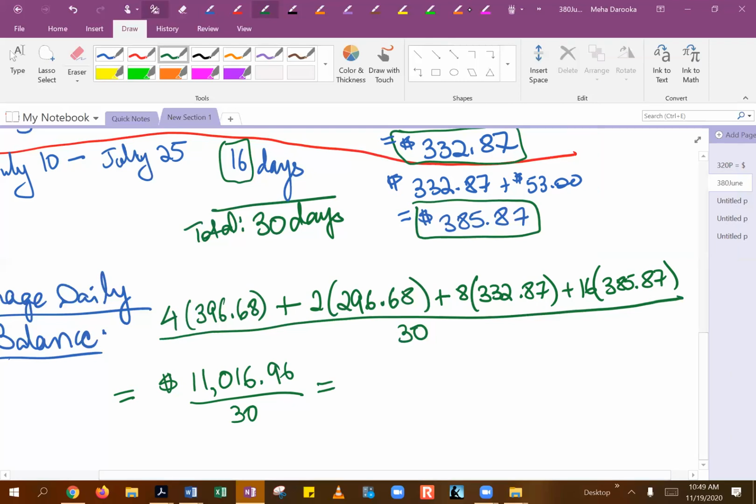So yeah, we've got an average daily balance of 367.232. So that looks good. We should not really have that decimal there. Alrighty.